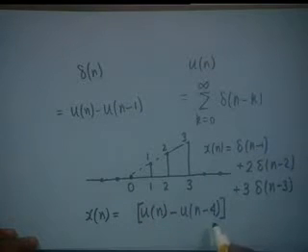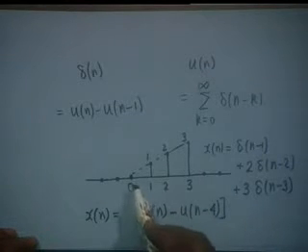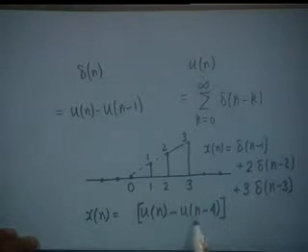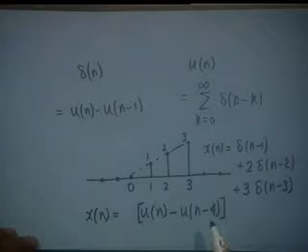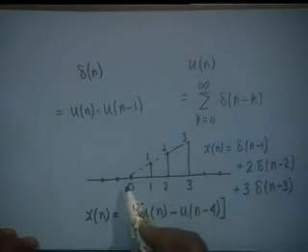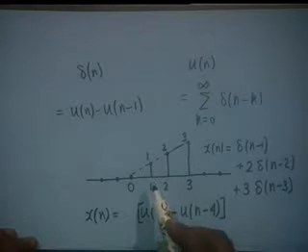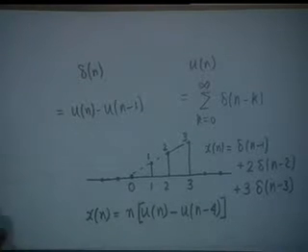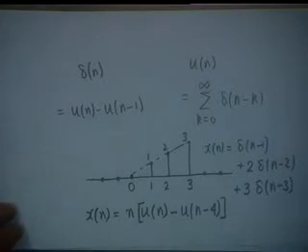What is this? This is a gate from 0 to not 4, 3, because u of n minus 4 is subtracted, and therefore, this represents this gate, and we see that the amplitude is proportional to n. So, we simply multiply by n. Agreed? Any arbitrary signal, there are a large number of problems in the textbook, you should work it out. Any arbitrary signal can be expressed in terms of u of n and delta n.